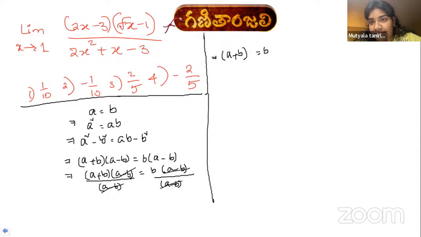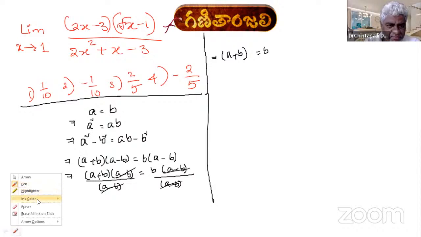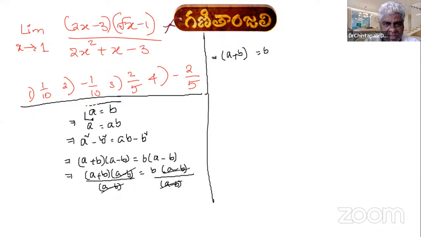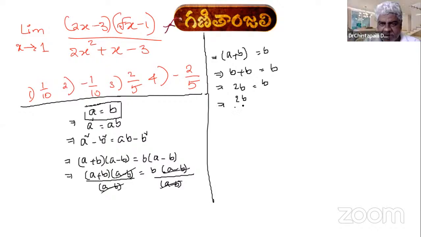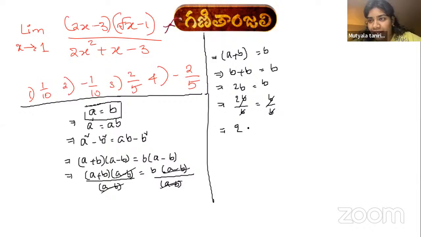As we took A is equal to B, we can write B in the place of A. B plus B equals B. 2B equals B. Dividing both sides by B, B and B cancel. 2 equals 1.